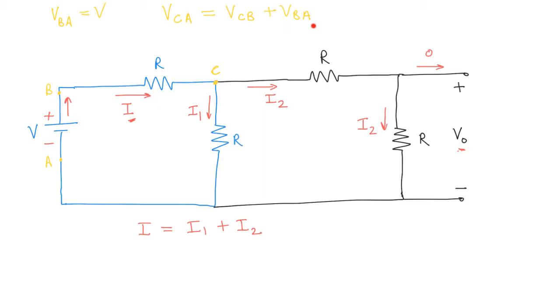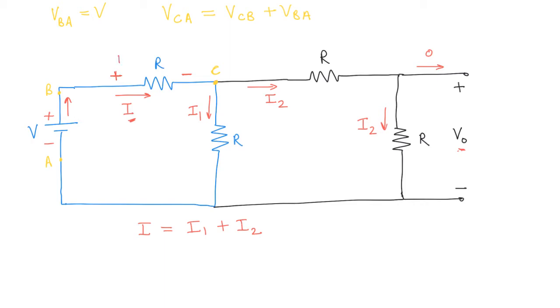Now we know what VBA is already. What is VCB? Now if you look at this resistance, there's a current flowing through in this direction, and so the voltage across this resistance is going to be, so this is going to be the positive end, this is going to be the negative end, because voltage drops across the resistance. And what is the voltage drop going to be across this resistance?